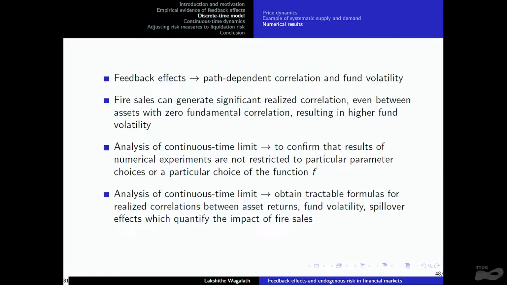And the irony is that it's in those scenarios that you need the diversification effects the most. Right? And in those precise scenarios, that's when it fails. Right? So that comes from simulation results, right? So we could still argue that it's just linked to the choice of parameters, right? And the choice of this function f and everything.